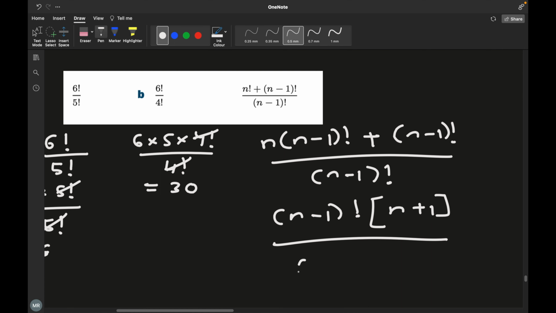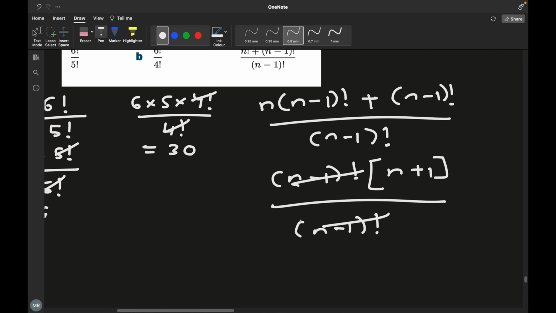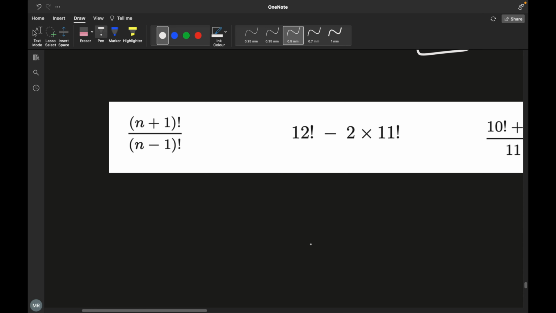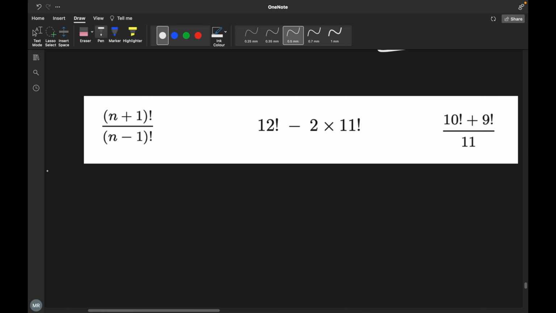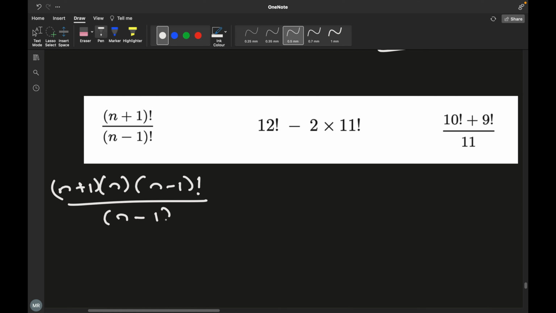Then we divide this by (n minus 1) factorial. This cancels out and we're left with n plus 1. Now let's simplify this. The top can be written as (n plus 1) into (n minus 1) factorial, divided by (n minus 1) factorial. Cancels out and we have n squared plus n.